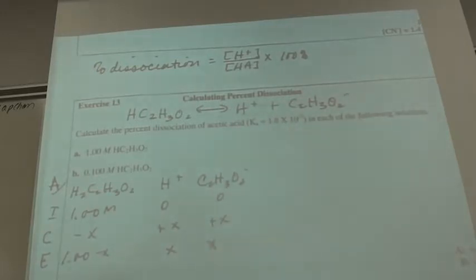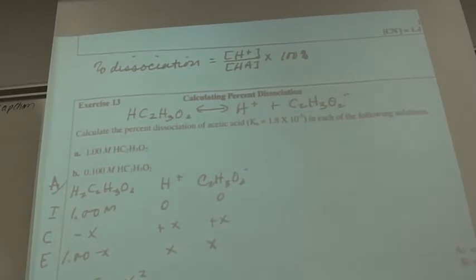Ka for this is 1.8 times 10 to the negative 5th, and that's equal to X squared over 1. Remember that this is such a small amount that we can ignore that. So X is equal to 0.0042, and that is equal to the hydrogen ion concentration.